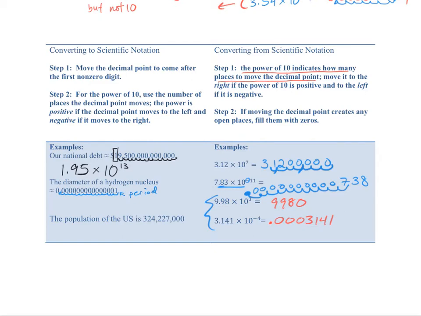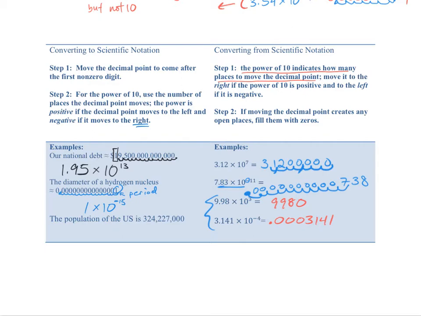I have to go all the way until it is to the right or just after the first non-zero digit. So this is 15 places. The first non-zero digit was 1, and since I went to the right, this has to be negative.